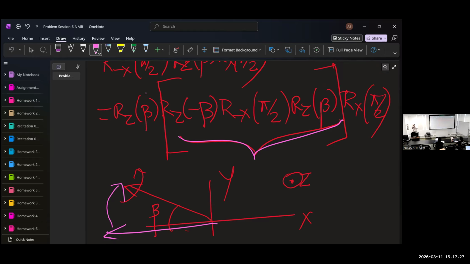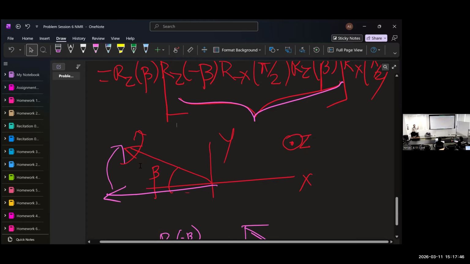It's kind of like flip through z through an angle beta to arrive at minus x, then do a 90 rotation around minus x, and then go back. So that means that the axis that is being described is at beta relative to minus x. Does that make sense?